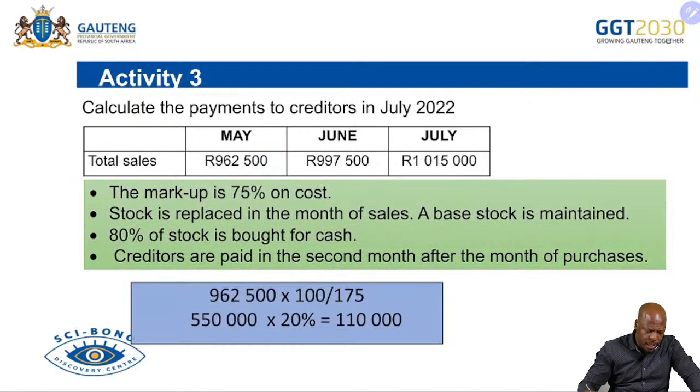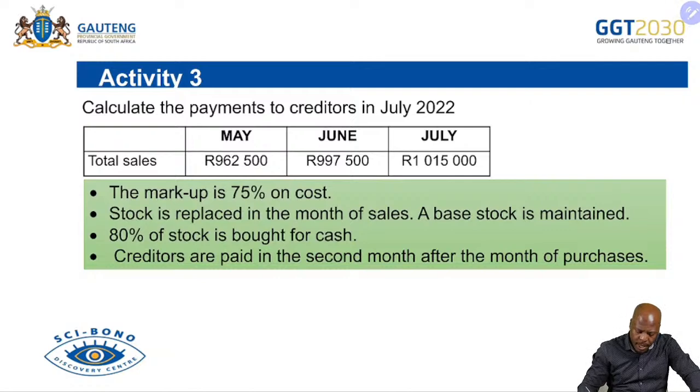If we're calculating the payments to creditors, what we are saying is you want the payments to creditors in the month of July. You want to pay in the month of July. So you have to know when you bought the goods. Here they're telling us that creditors are paid in the second month after the month of purchase.